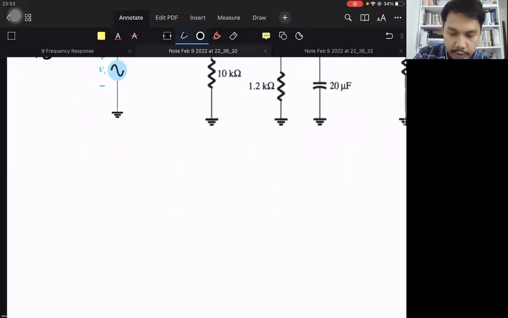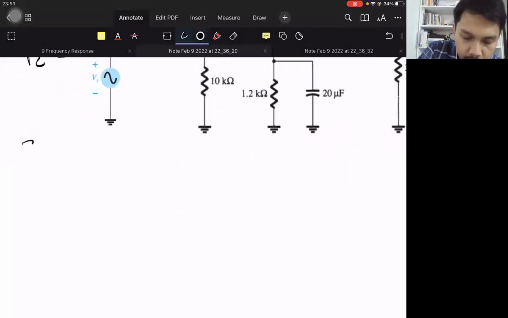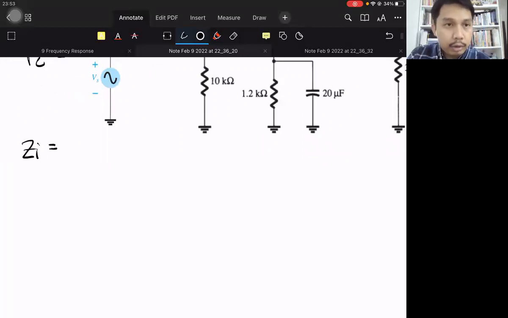Next, ZI, ZO, and AV. So if you have your formulas, how will we solve for ZI? Voltage divider.